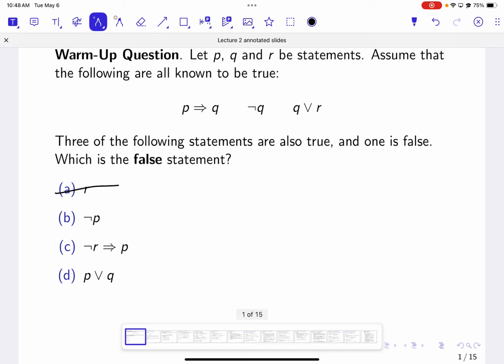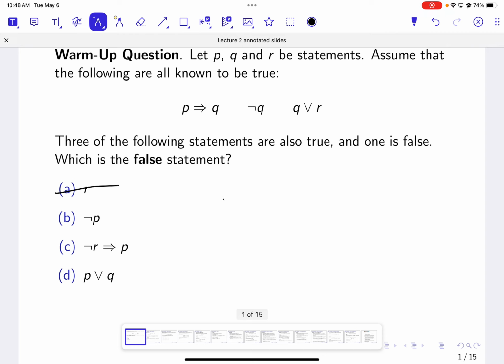Next up, we're going to check out statement B, not P. And with this, we use a technique from, again, the readings and or a previous discrete math course called taking the contrapositive of a statement.